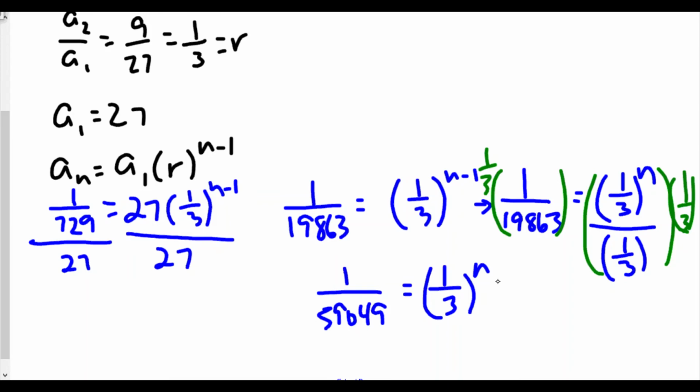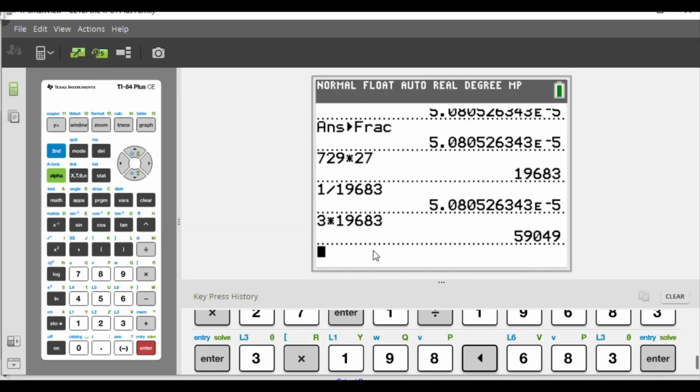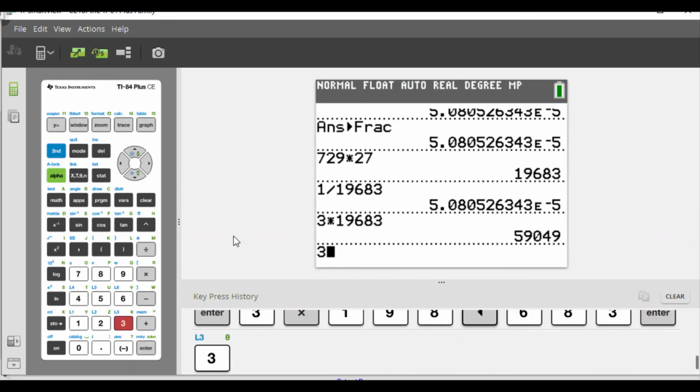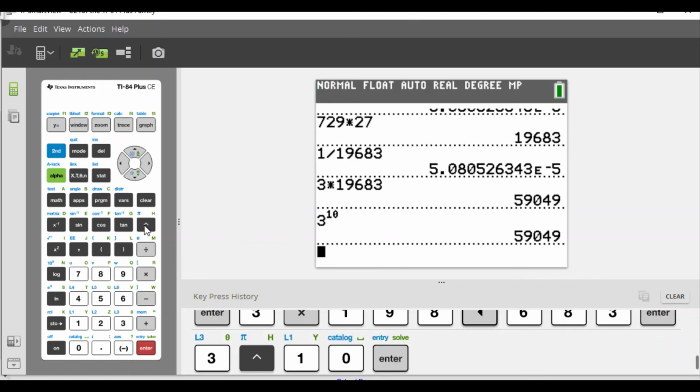So what we have to figure out in this case is 3 to what power will equal 59,049. Well, again, we can kind of guesstimate here. So 3 to what power equals 59,000? We'll take 3 and raise it to, let's start off with 10. Oh my goodness, look at that.